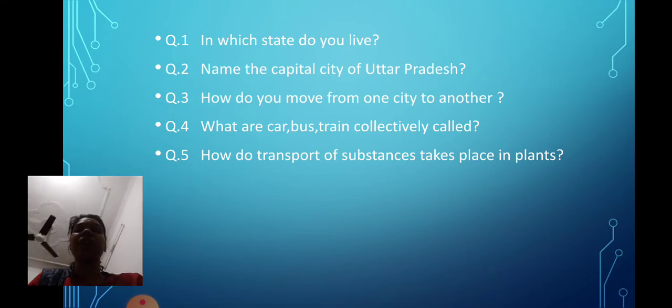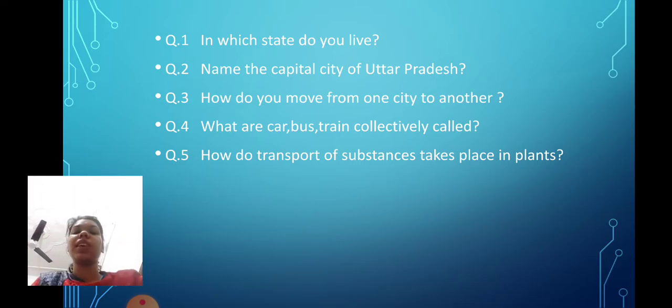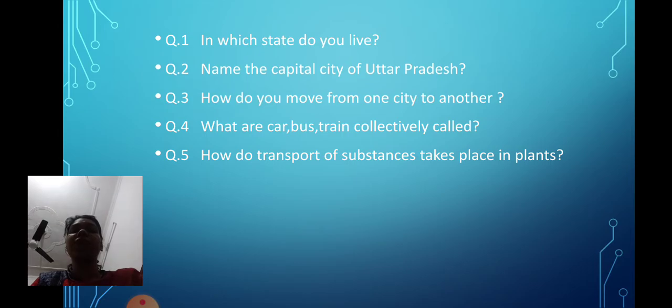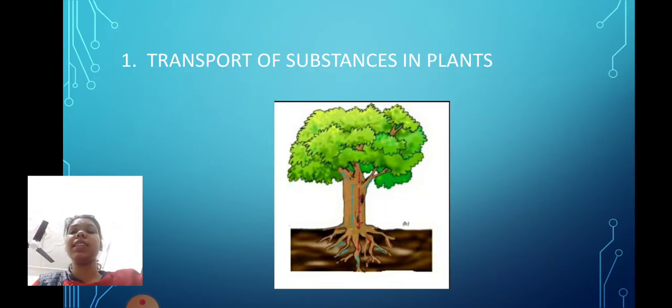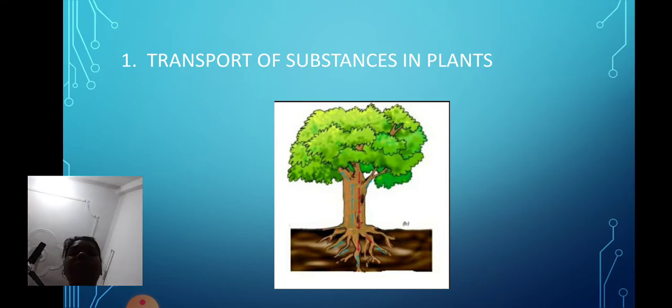Name some parts of plants. Yes, some parts of plants are roots, stems, and leaves. What do you understand by transport of substances in plants? Plants take up water and dissolved minerals from soil and transport them to their leaves.